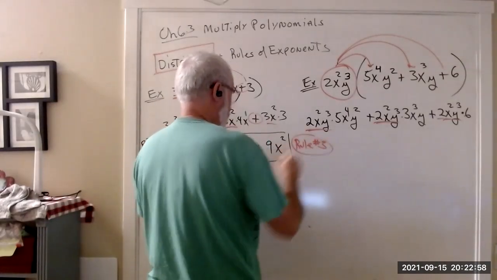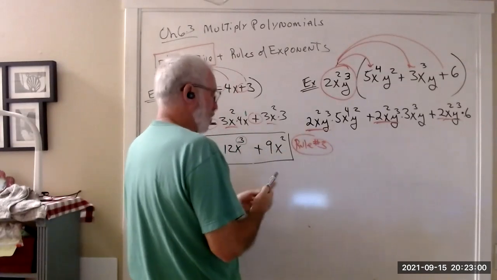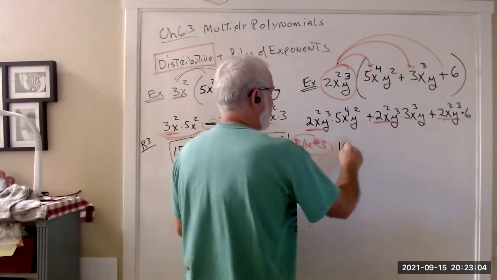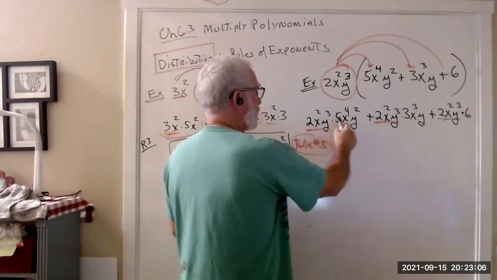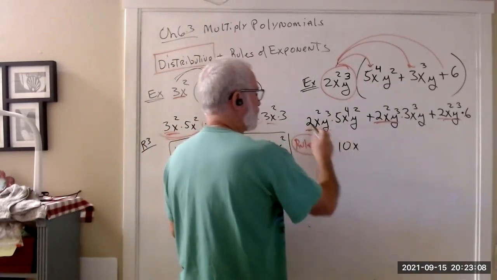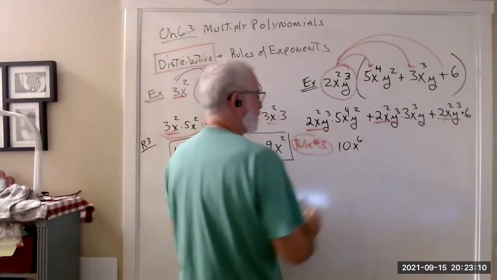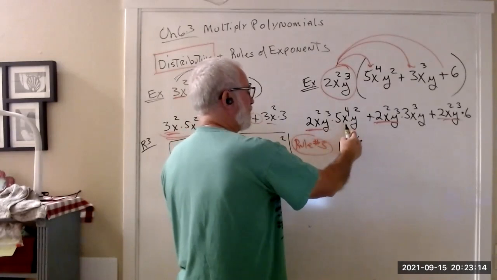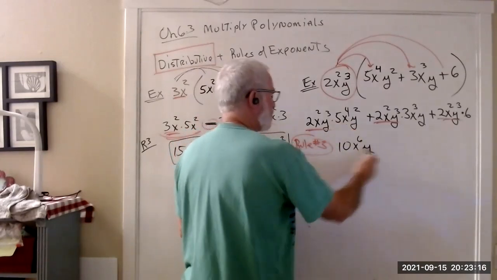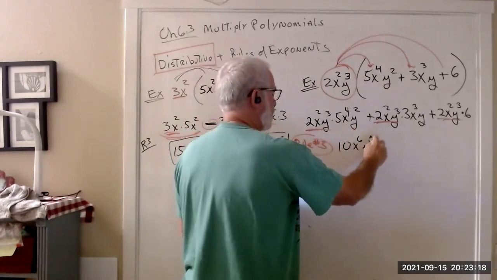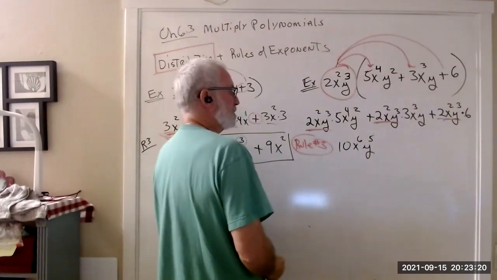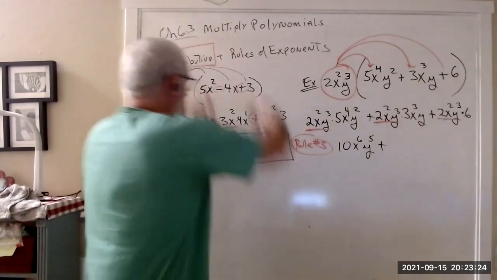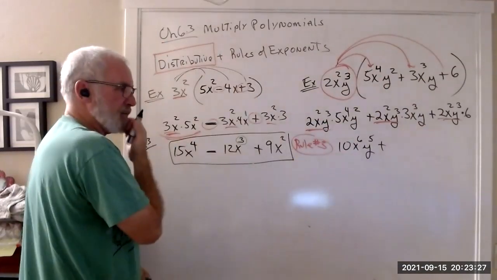Okay. So 2 times 5, that's just normal 10. X squared, x to the fourth, keep the base, add the powers, x to the sixth. Y to the third times y to the second, keep the base, add the powers. Plus, again, the pluses and the minuses just come down.